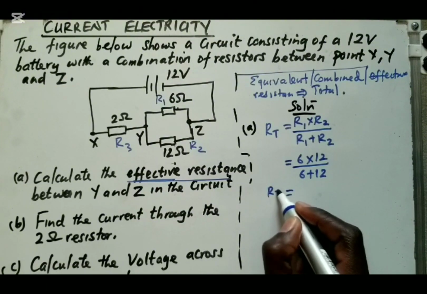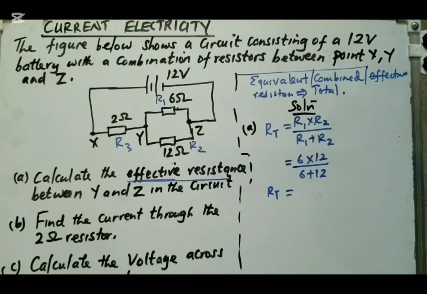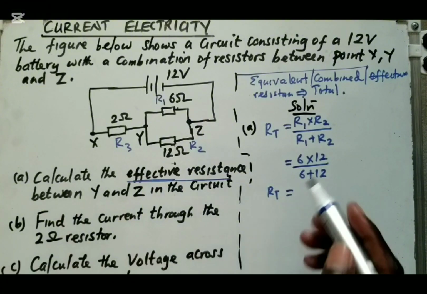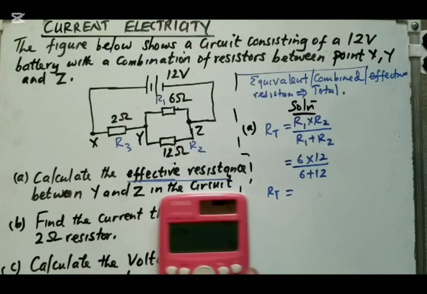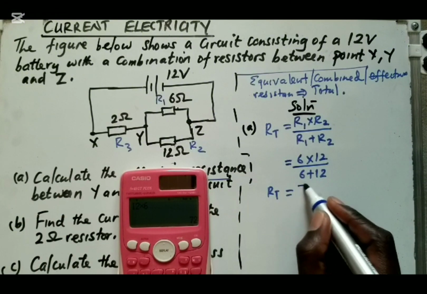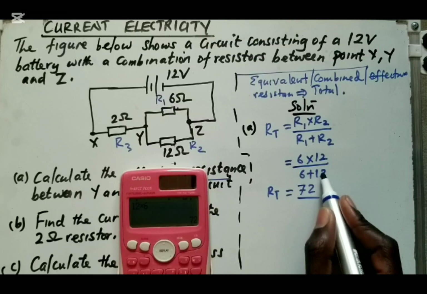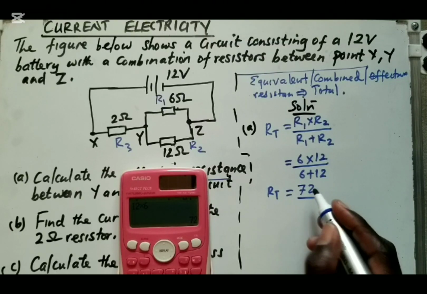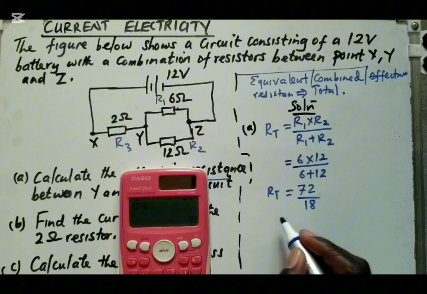So R total, if you multiply 6 times 12, that should be 72, but let's just counter check that. Yes, that is going to give us 72. So it will be 72 over 6 plus 12, which is 18.